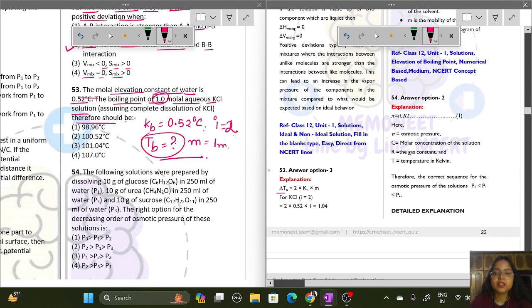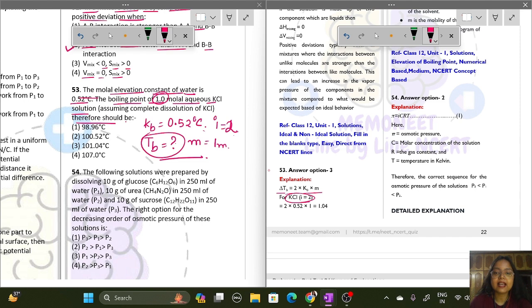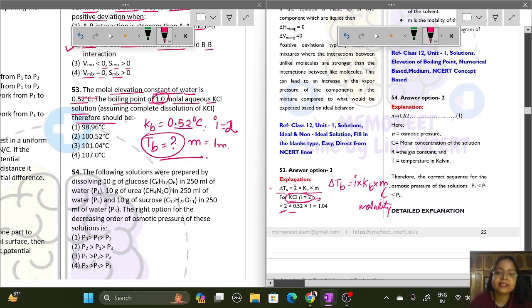Delta Tb is equal to i into Kb into m, where m is the molality, and for KCl the i value is 2. Here i is 2, Kb is given as 0.52, and molality is given as 1.